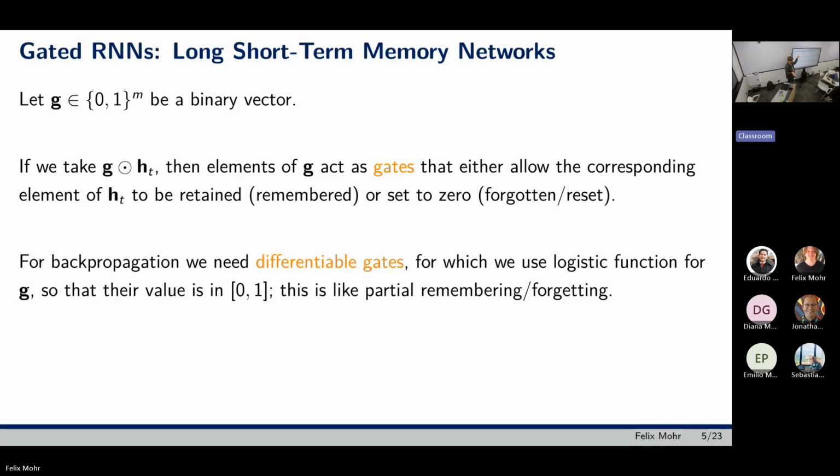So dropout is a kind of gate that you apply randomly, but only during training. And this here is something that we want to learn systematically, and we want to use it also in the prediction. But yeah, the effects are a bit similar.